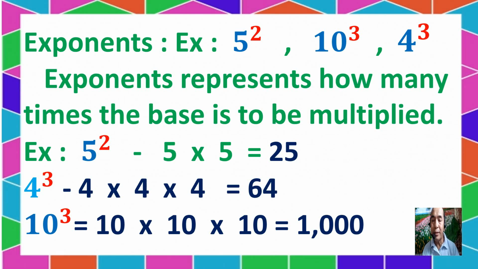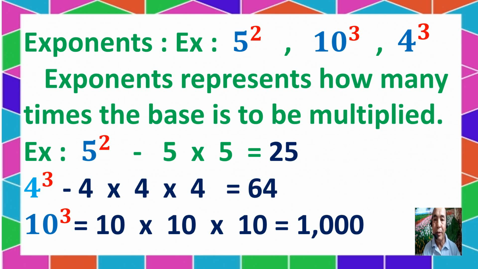So what is the value of 5 to the second power? The value will be 25. How did you get 25? By multiplying 5 times 5 because of the exponent 2. Meaning, we multiply the base 2 times.